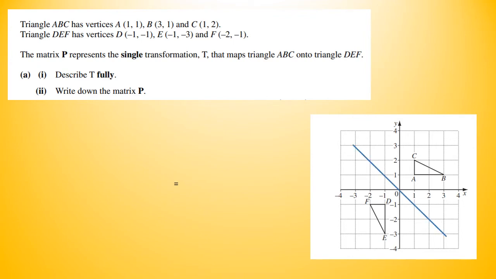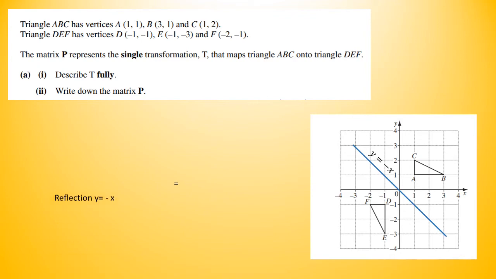So the single transformation is the mirror image of triangle ABC onto triangle DEF. You can use tracing paper, trace triangle ABC and fold it along the line y equals minus x, which images triangle ABC onto triangle DEF.